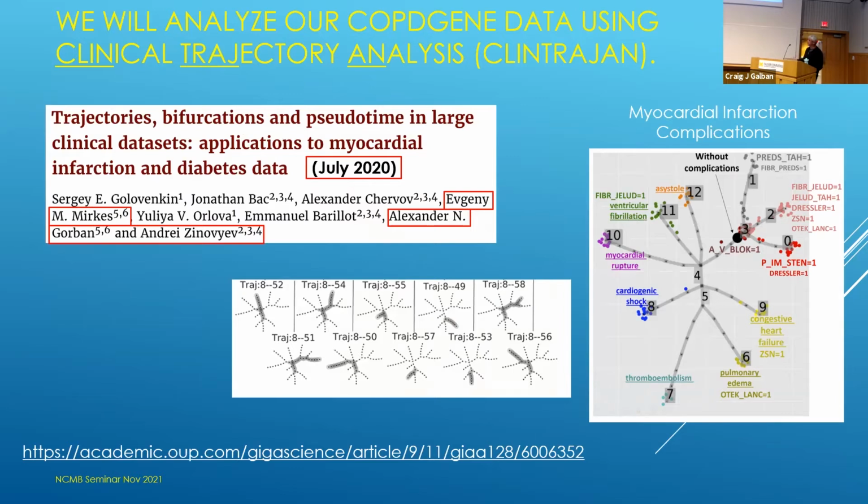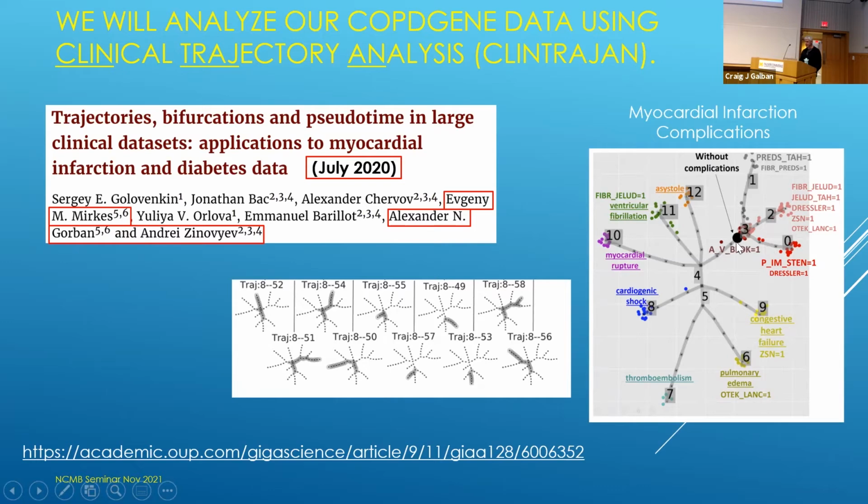And here they demonstrate it. Initially they developed this work more for biological applications like single cell sequencing. But then they took this concept and applied it to clinical applications. Here they demonstrated it on patients with myocardial infarction. This is an example of one of their trees, where each of the tree terminal points is actually a complication.